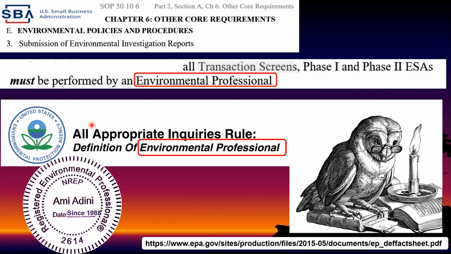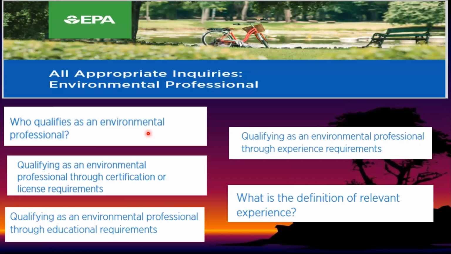They have a whole chapter about who is an environmental professional that is qualified to do certain duties. You can explore it yourself online: EPA, environmental professional, and you will get the whole chapter. In brief, this is another leaflet from the EPA talking about who qualifies as an environmental professional.